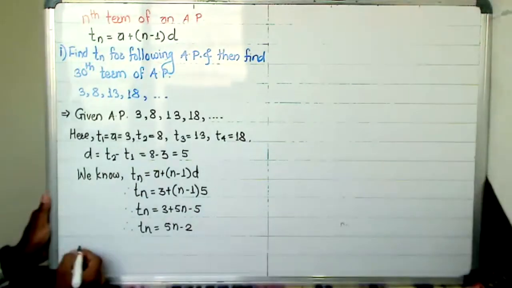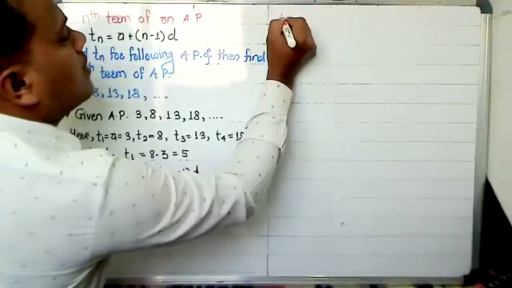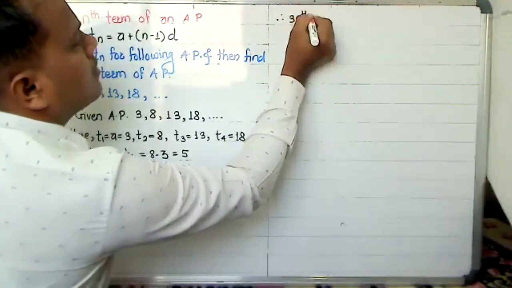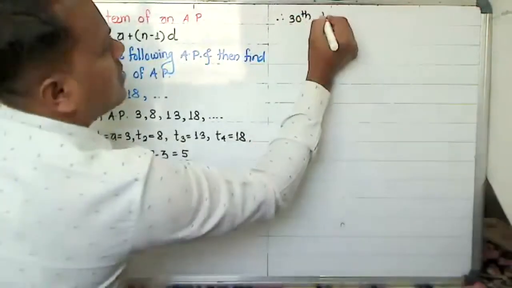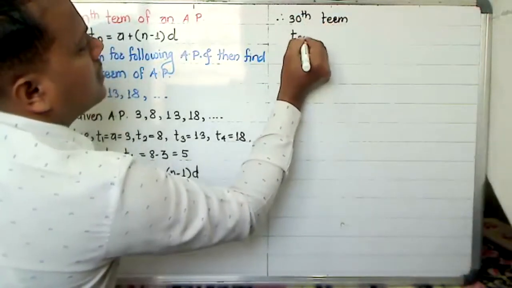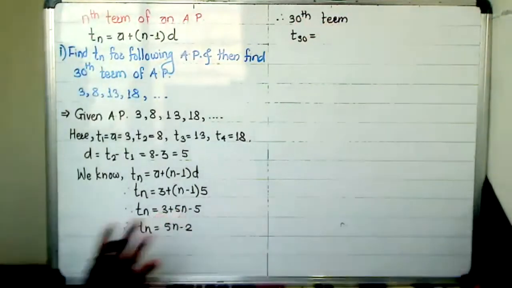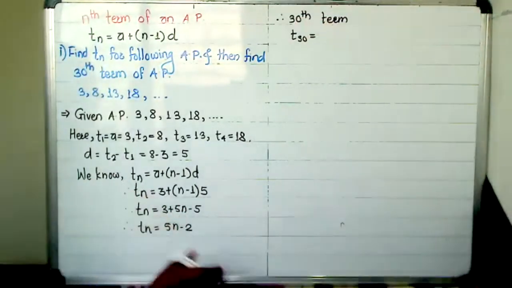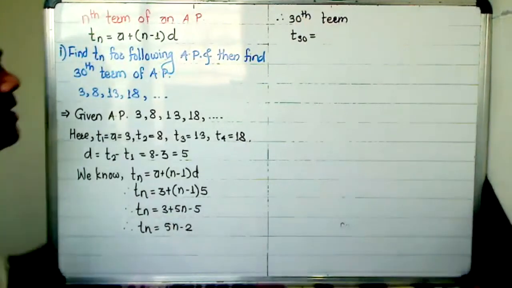Therefore, the 30th term, T30, we simply have to substitute 30 instead of n in this formula.